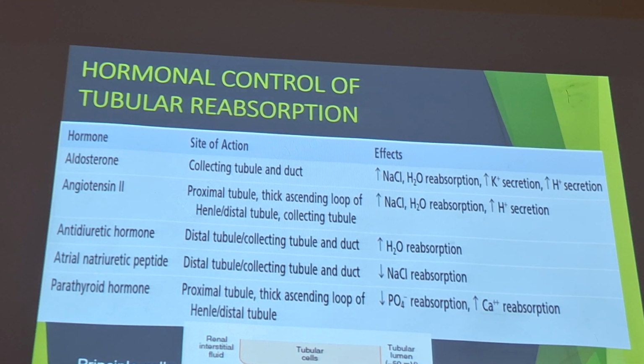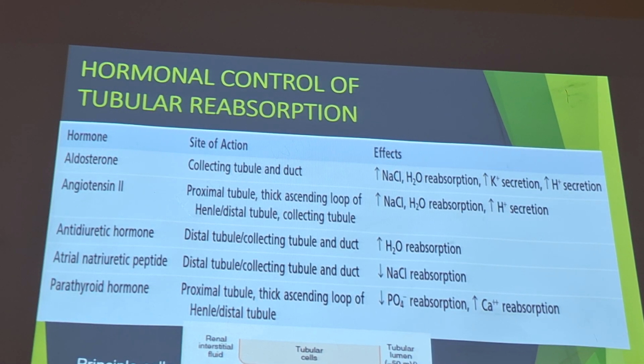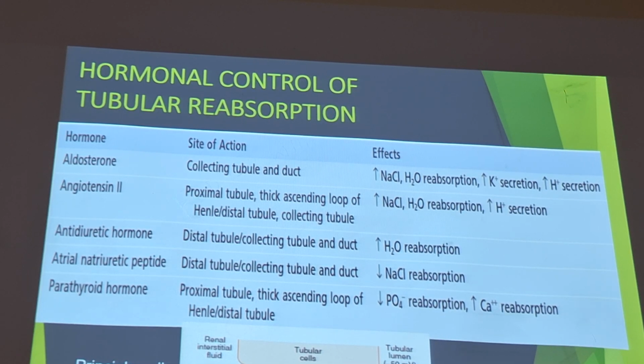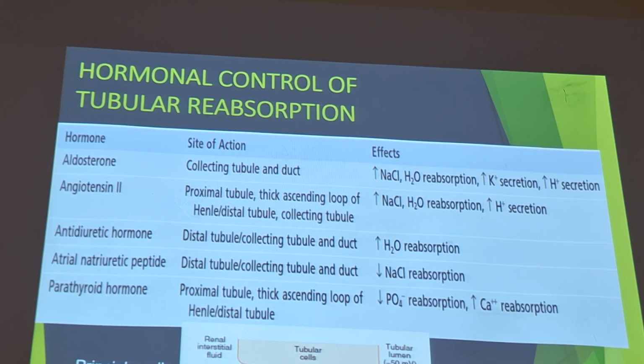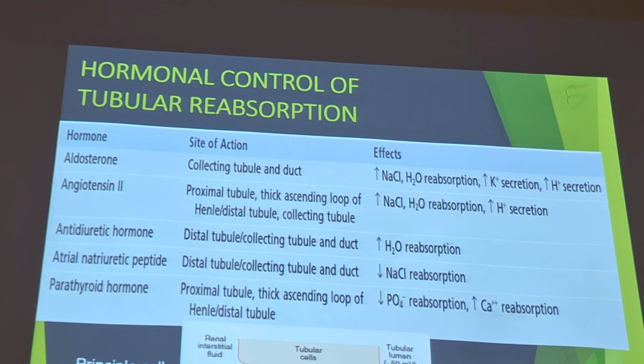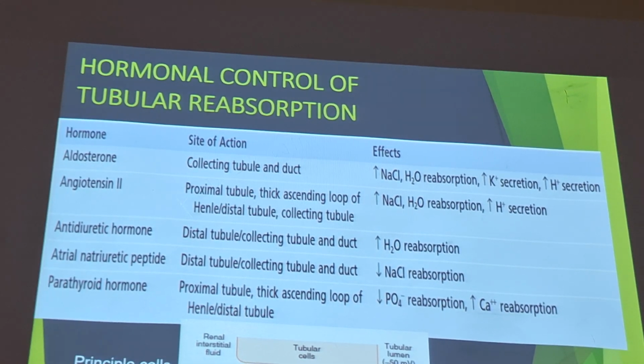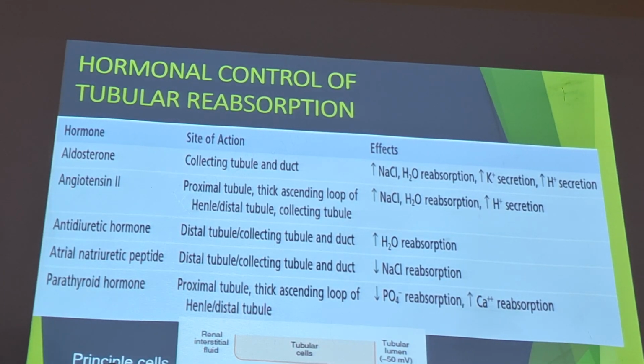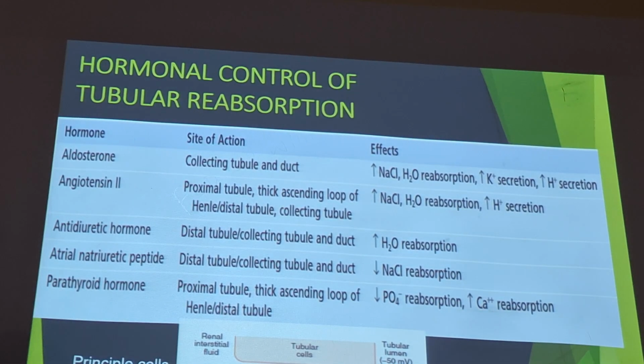Okay, when potassium concentration outside the cell increases, aldosterone is released, is secreted. When blood pressure decreases, when blood volume decreases, aldosterone is released, and actually the site of action of aldosterone is on principal cells.